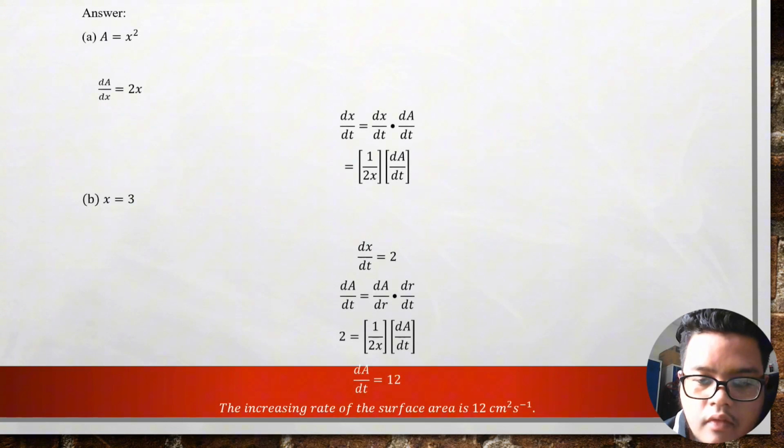For A, we got 1 over 2x and dA over dt. For B, when x equal to 3, we got the increasing rate of the surface area is 12 centimeters squared per second.